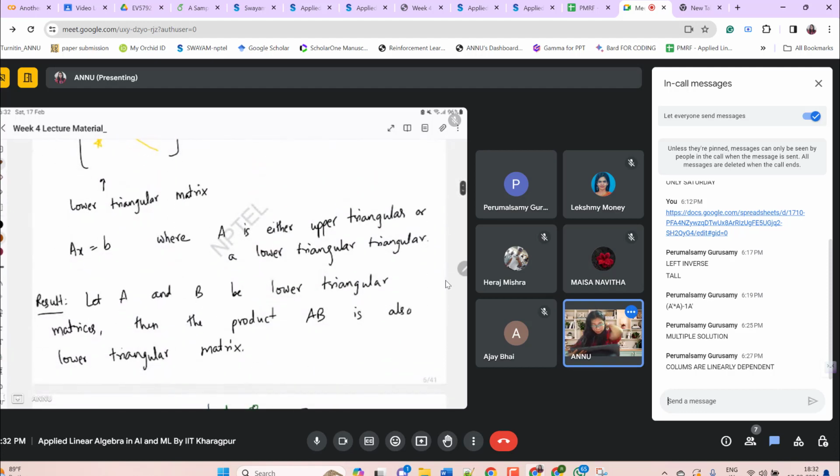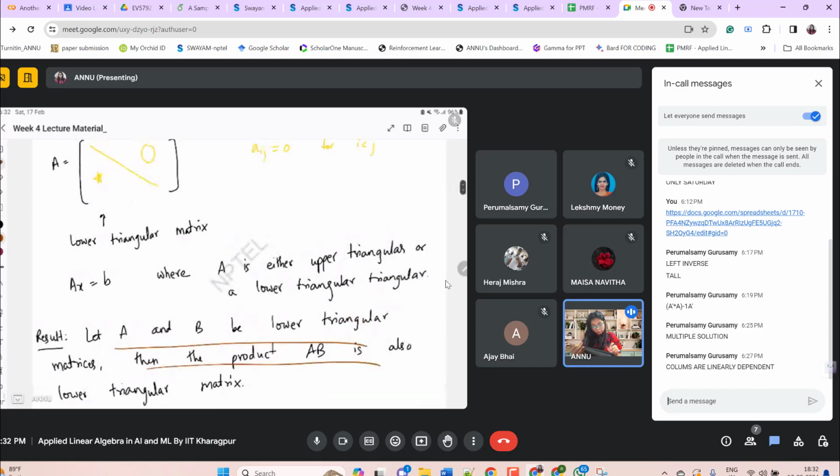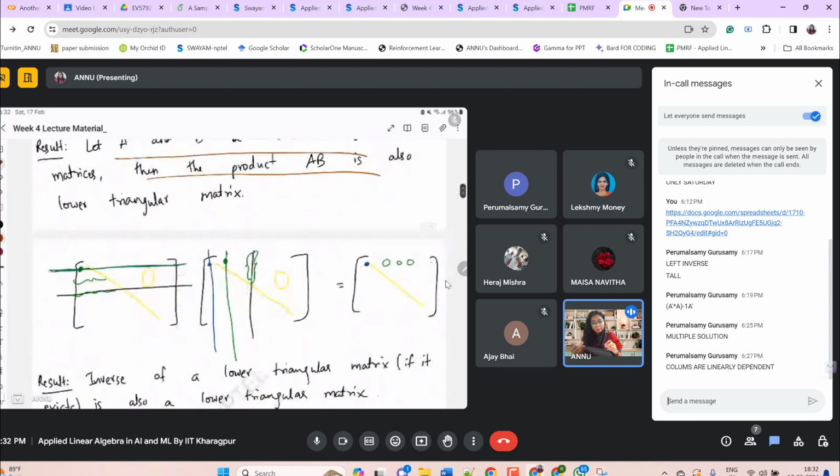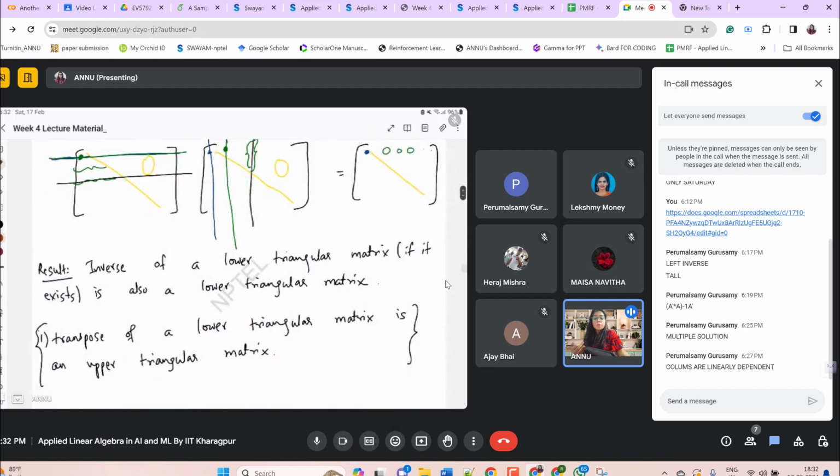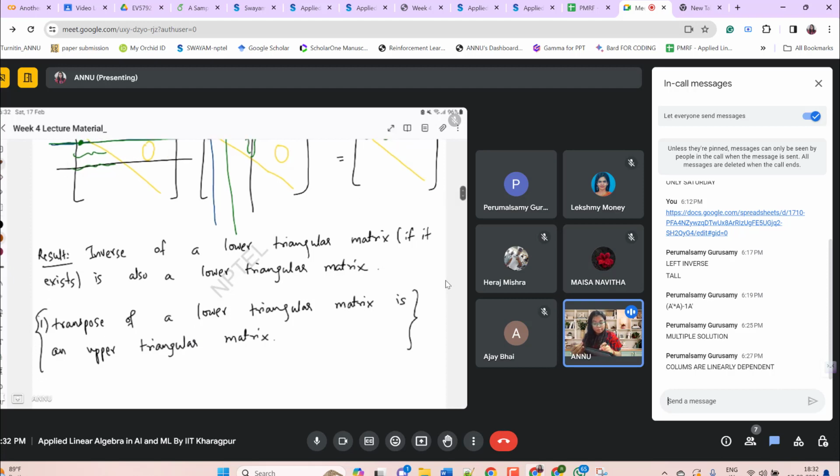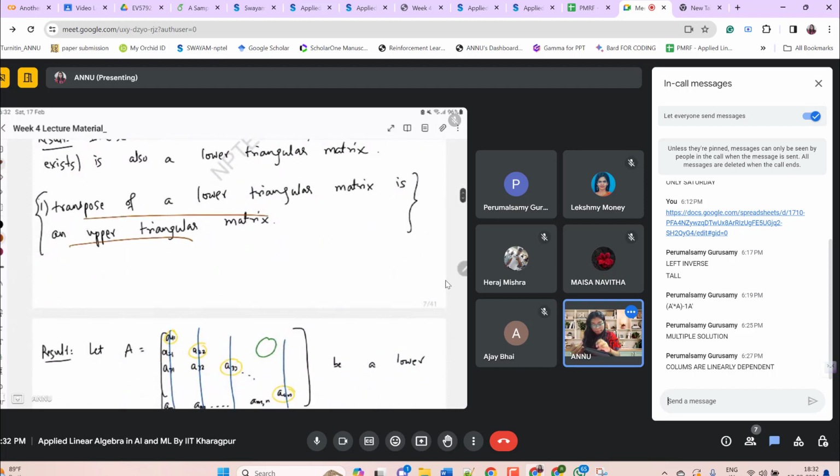If two lower triangular matrices are there, then the product is also lower triangular. Similarly the same holds for upper triangular. Also, the inverse of a lower triangular matrix is lower triangular, and the transpose of a lower triangular matrix is upper triangular. That is very straightforward.